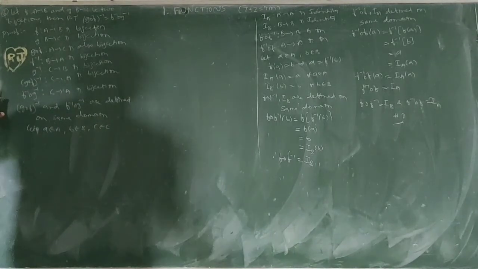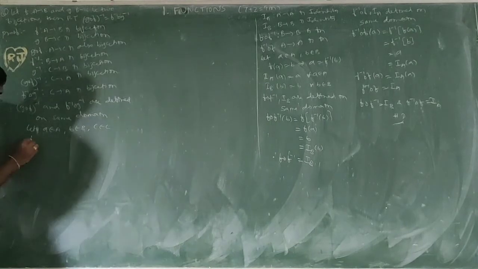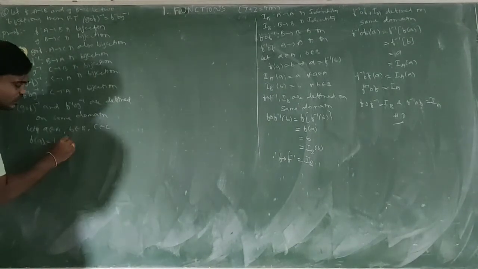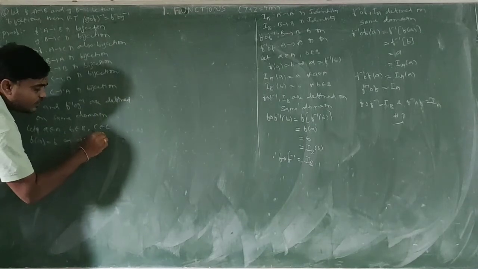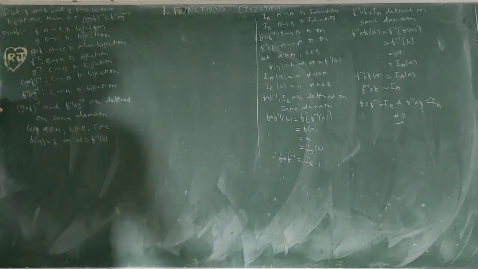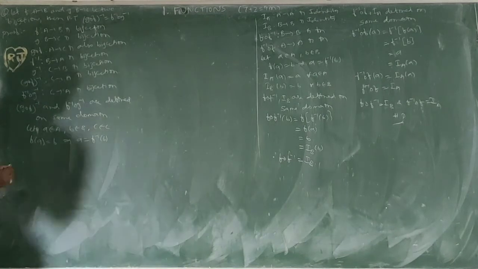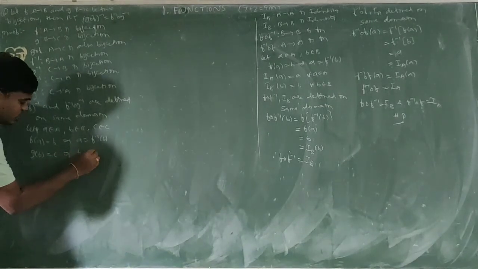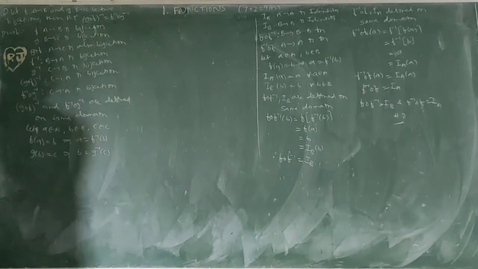Since F is a bijection, F of a equals b, so a equals F inverse of b. Next, G of b equals c. Since G is a bijection, we can write b equals G inverse of c.